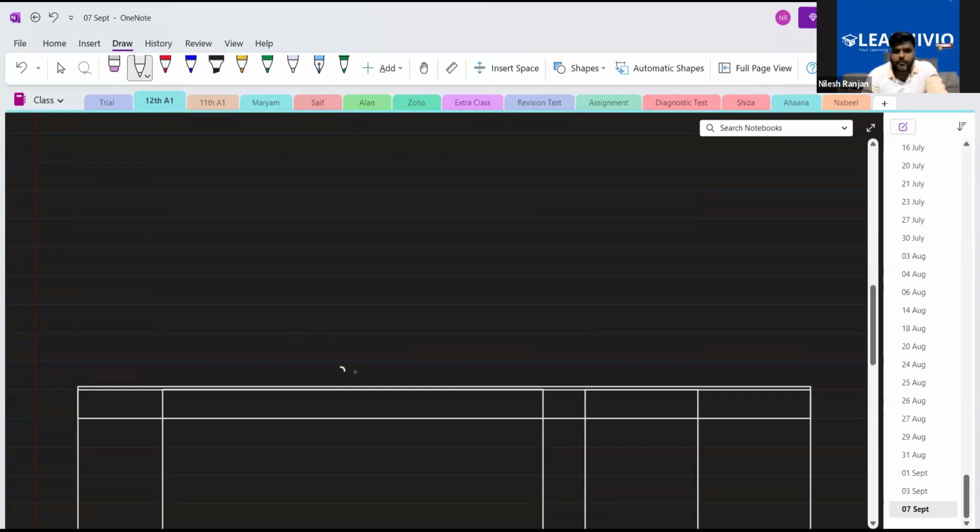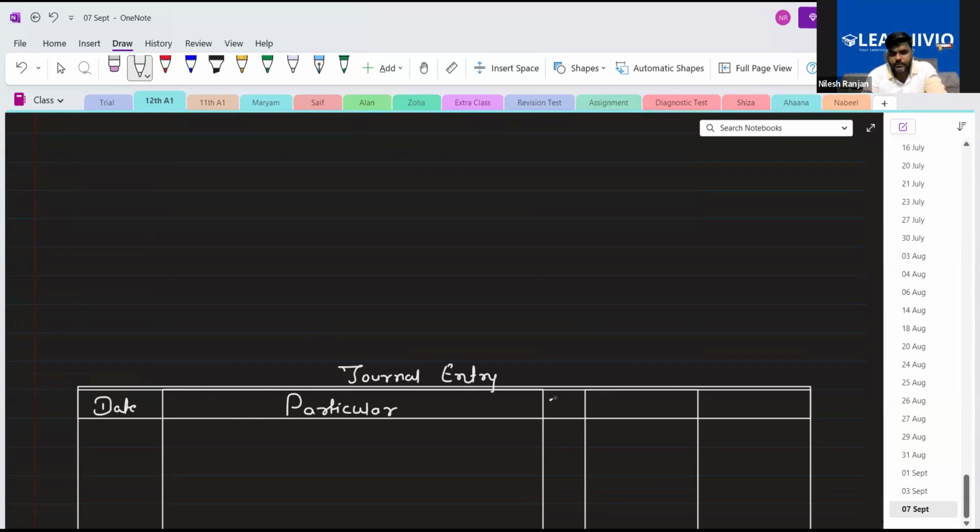So this is the format of the journal entry. Date, particulars, L.F., debit, credit.